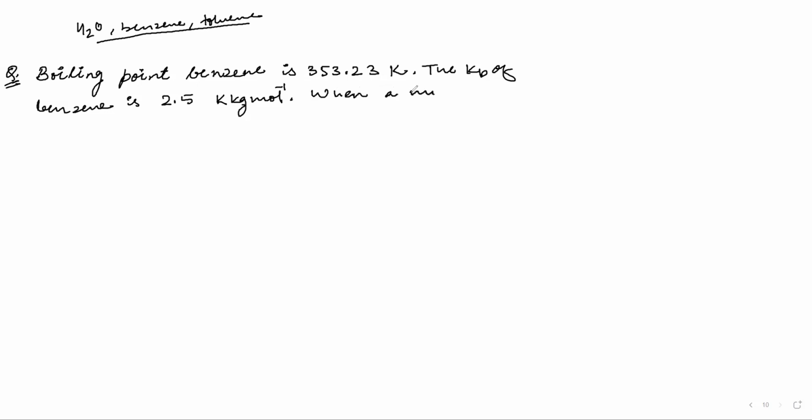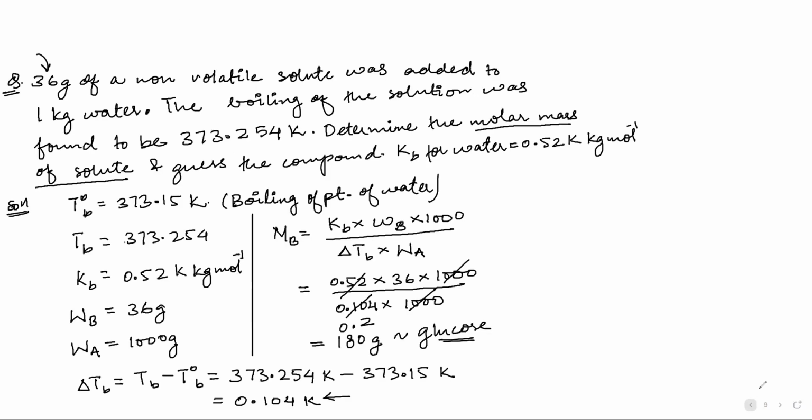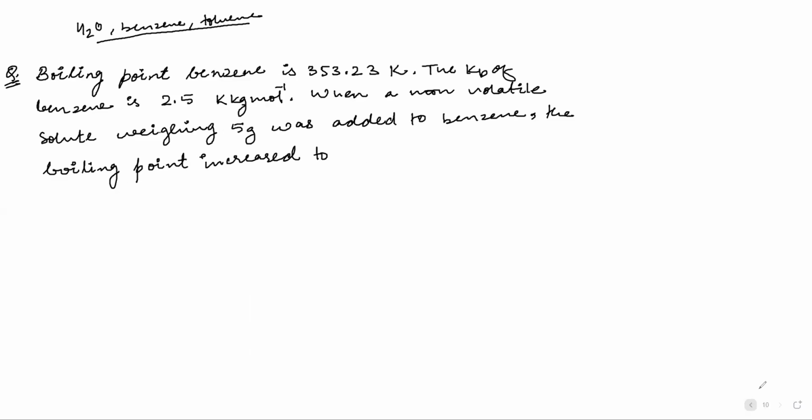When a non-volatile solute weighing 5 grams was added to benzene, the boiling point increased. We have got Kb, WB, WA.